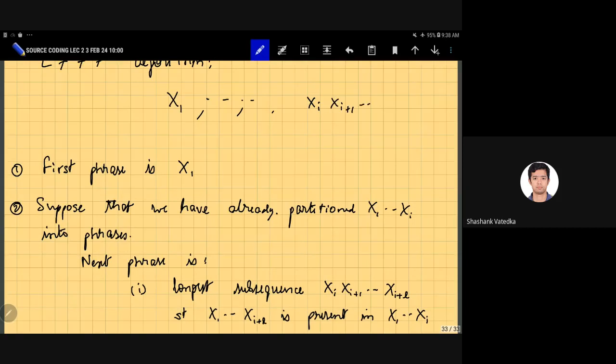This particular subsequence xi+1 through xi+l has already been observed somewhere earlier. For example, if this is A, B, C, D, A, B, C, then it must be that I've already seen A, B, C, D, A, B, so A, B, C, D, A, B, C occurs as a subsequence somewhere before xi.